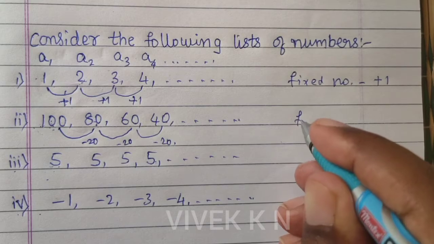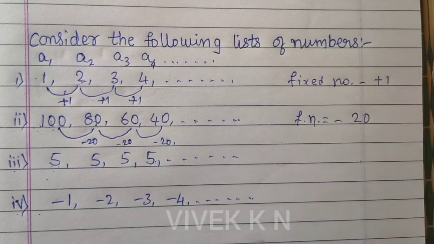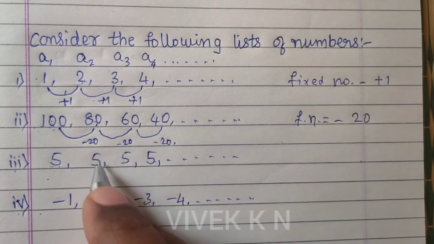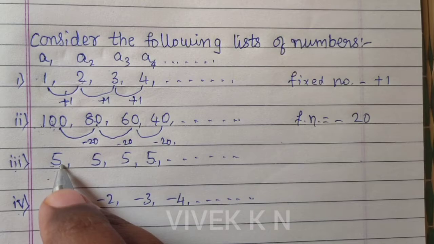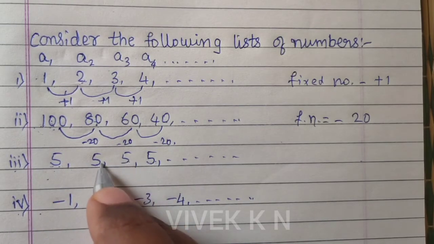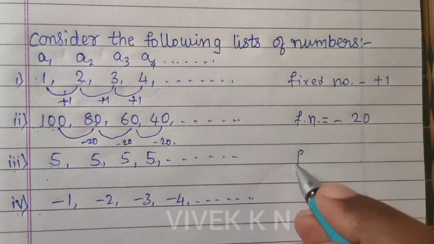Here the fixed number is -20. In the third sequence, except the first term, the second term is obtained by adding or subtracting 0 to the first term. The third term is obtained by adding 0 to the second term. The fourth term is obtained by adding 0 to the third term. Therefore, the fixed number is 0.